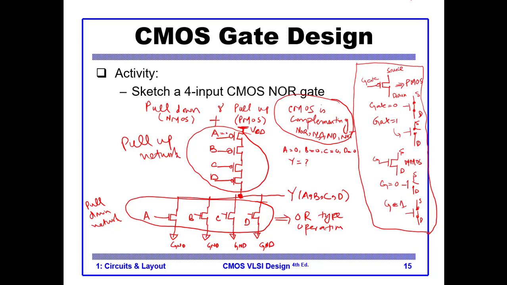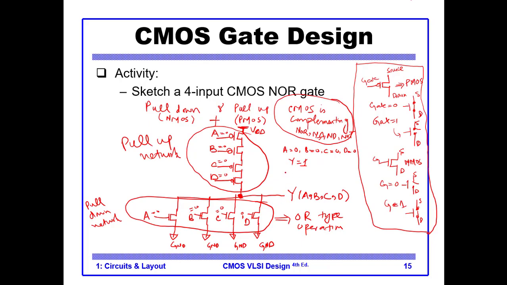All the pull down network will be open. So the A, B, C, D switches will be open, and all the pull up network will be closed. So this will mean that the VDD is connected to output, which will mean that our output is 1.